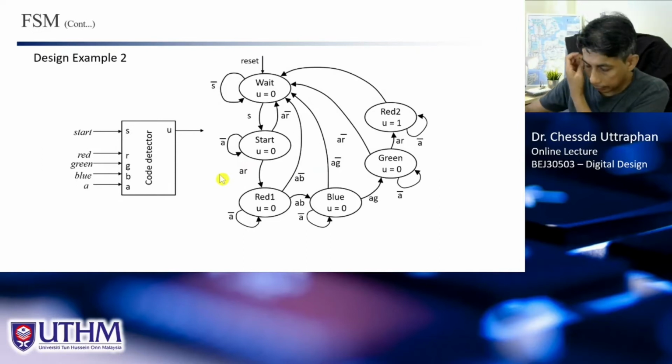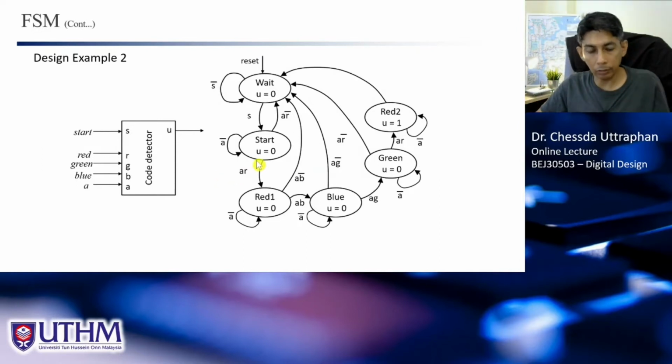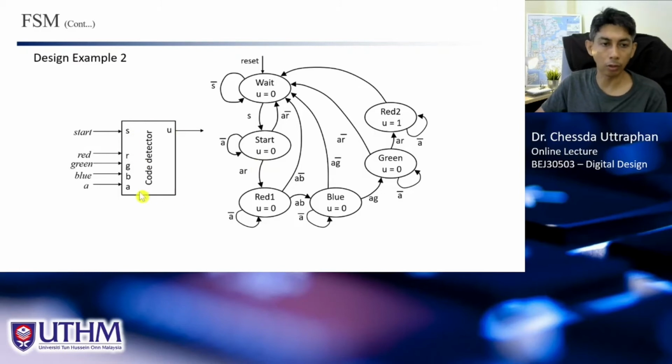And this is the state diagram for that. Your controller, the code detector, is a box like this, where you have inputs red, green, blue from the buttons, and the start, and also A. A is generated when you press any of the buttons, remember?